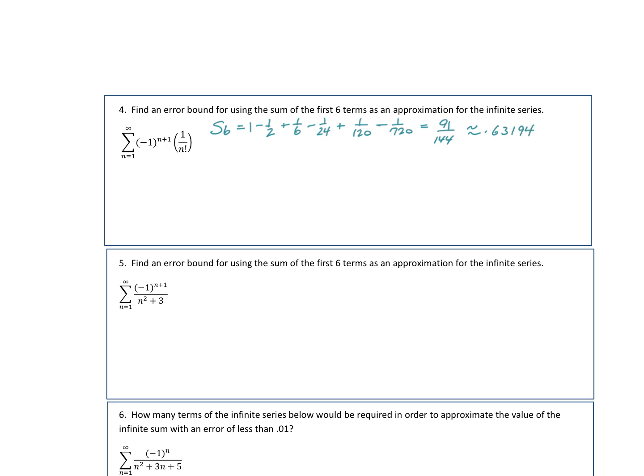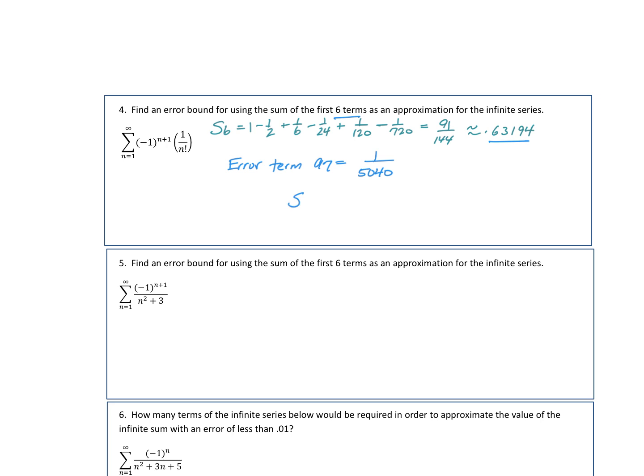My error term would be the first neglected term. Since it's 6 terms, that's the 7th term. So a sub 7 is 1 over 5040. So that tells me that this approximation is off by at most 1 over 5040. That's pretty accurate when you think about it. We only added up 6 terms.